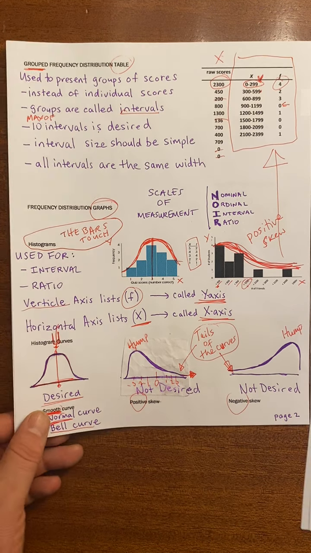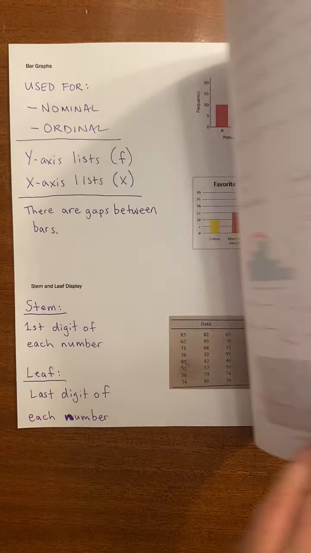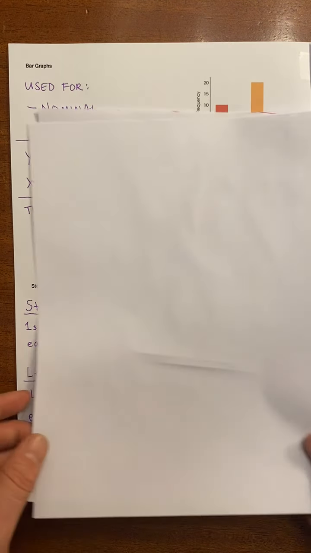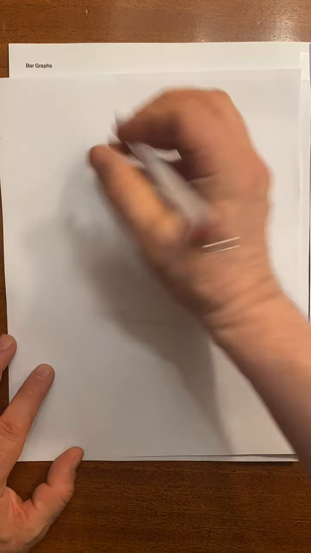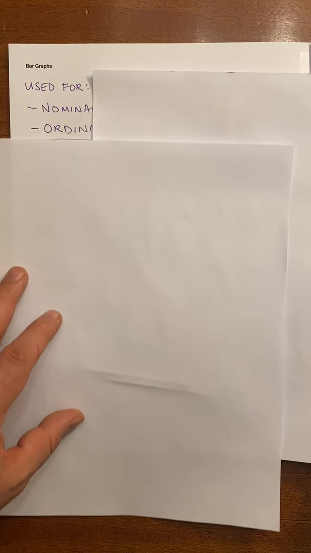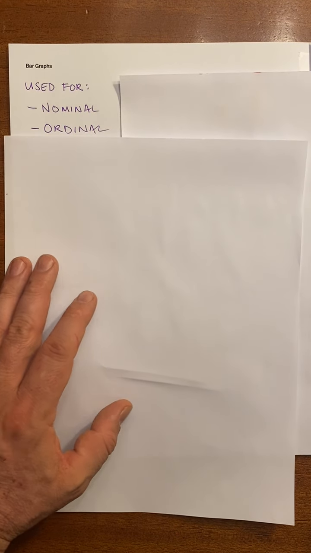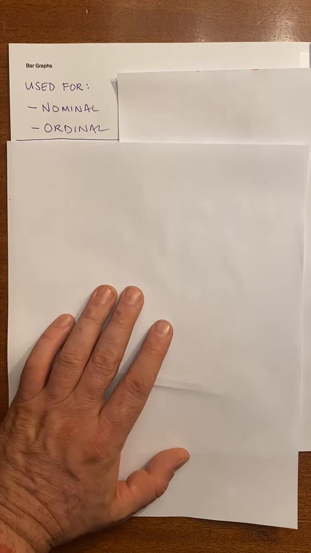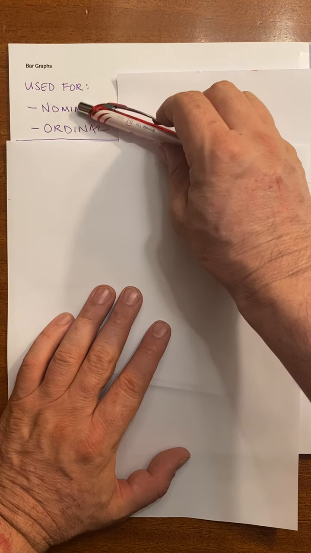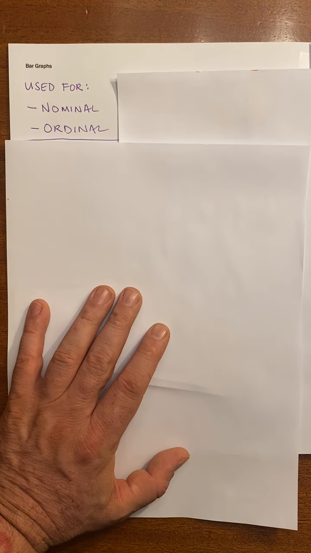Let's go ahead and move on now to another type of graph that we can talk about, and that is the bar graph. First, we'll say that these graphs are used for nominal and ordinal data, right? So these are the two scales of measurement where you were talking about the categories.